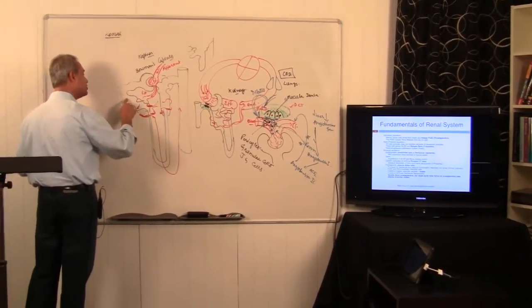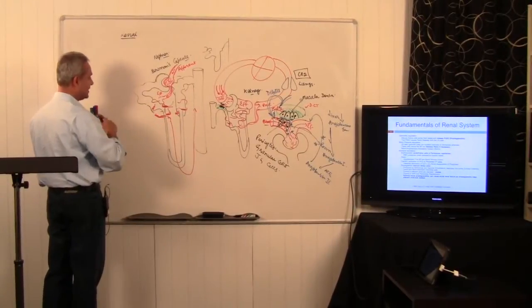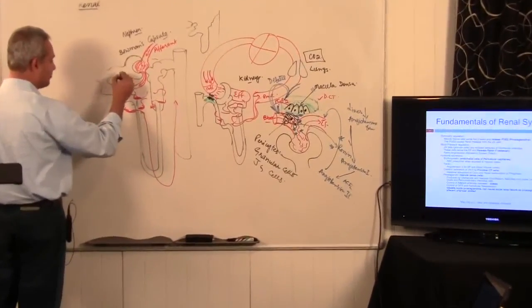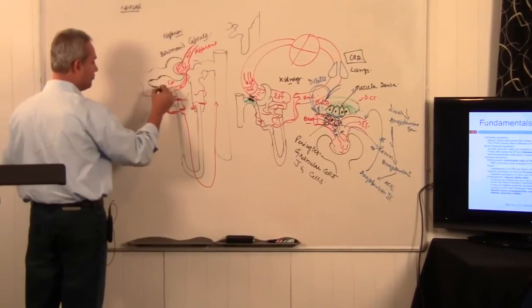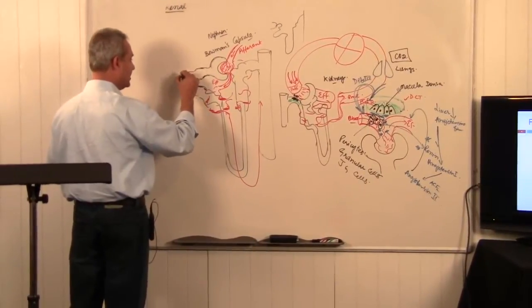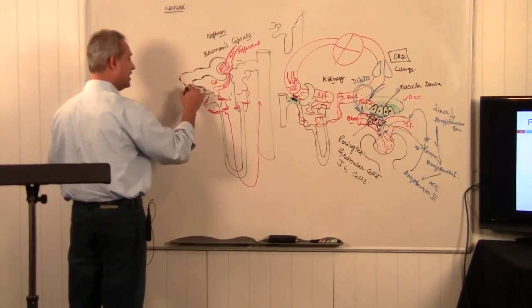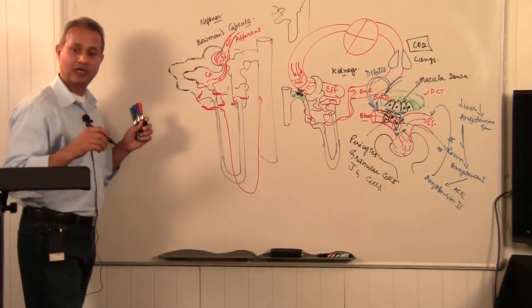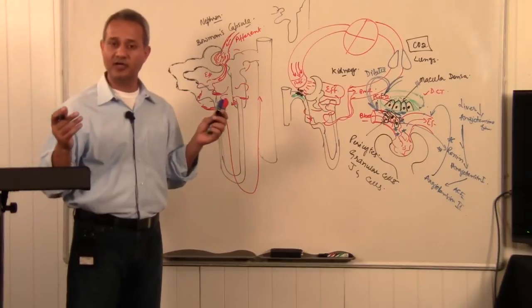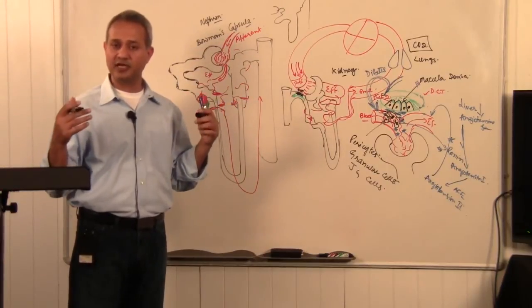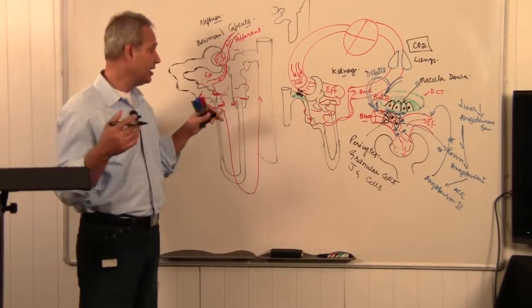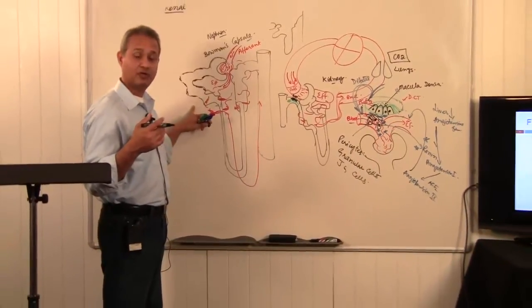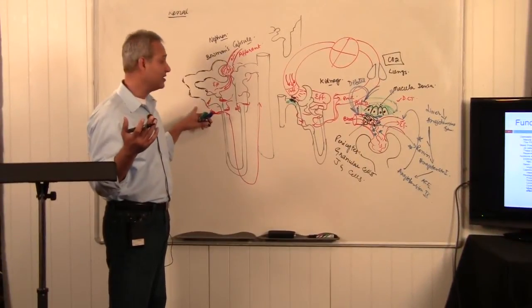So proximal tubular cells, these cells here, they have enzymes which act on inactive vitamin D and make it active vitamin D. You know vitamin D is very important for many of our calcium and phosphate related functions. So vitamin D conversion or activation occurs in the kidney.